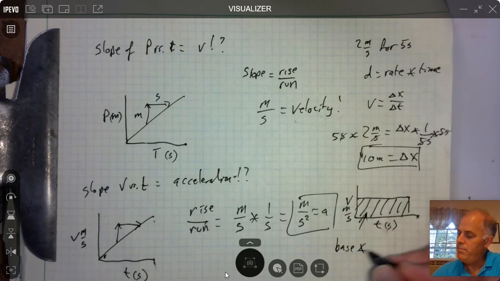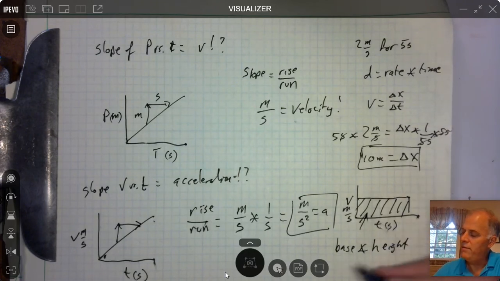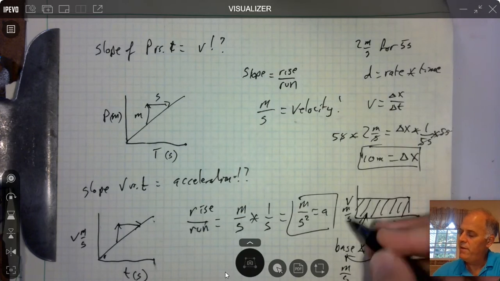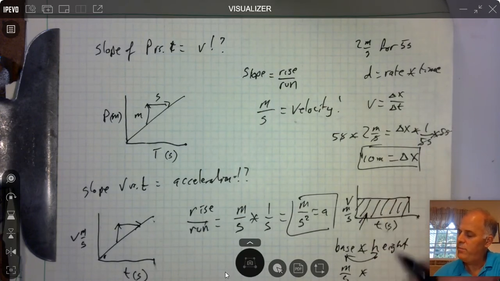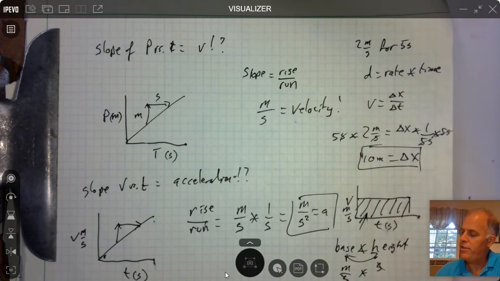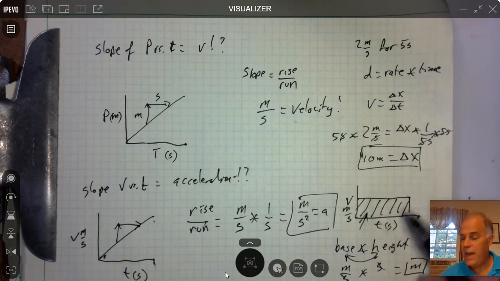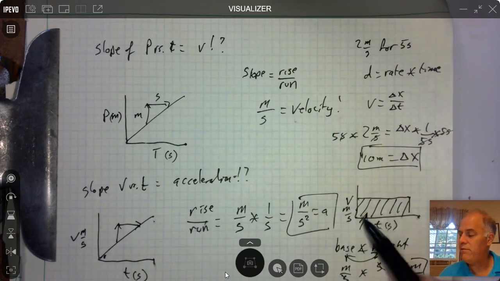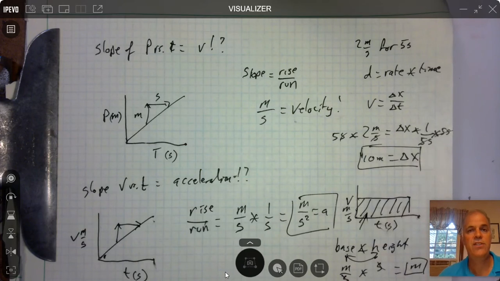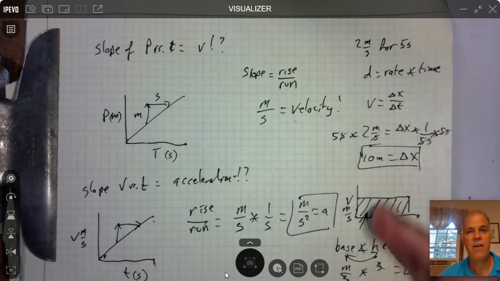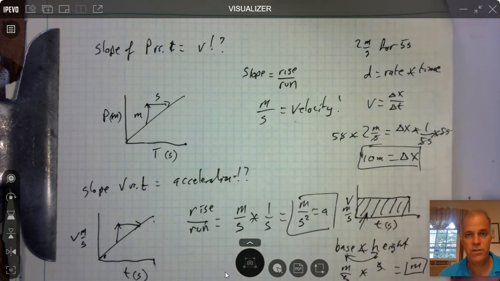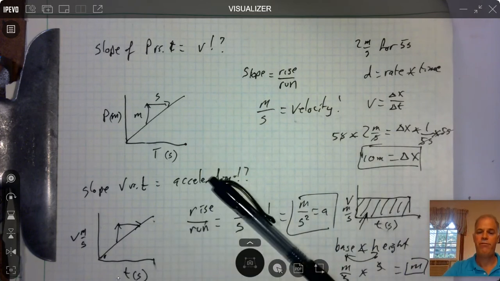It's a rectangle, base times height, which in this case, I'm going to kind of switch these around a little bit, is meters per second, that's the vertical, times the horizontal, which is seconds. And when you multiply those together, the seconds cancel and it gives you meters. So it turns out that the area underneath a velocity versus time curve is the displacement. We can use the area on the graph by counting the squares to figure out how far we went.